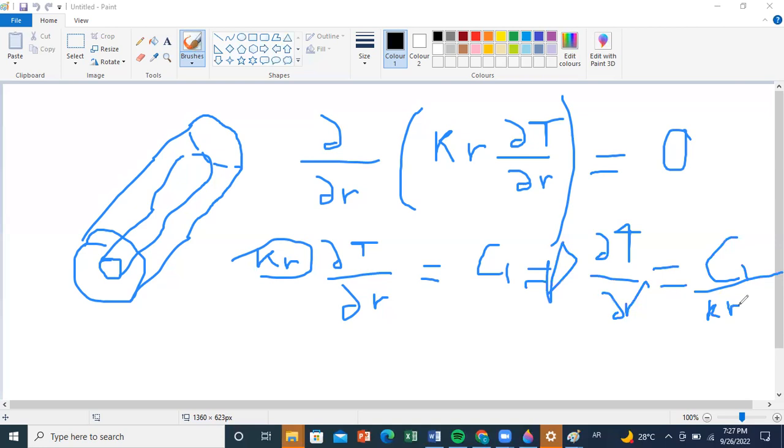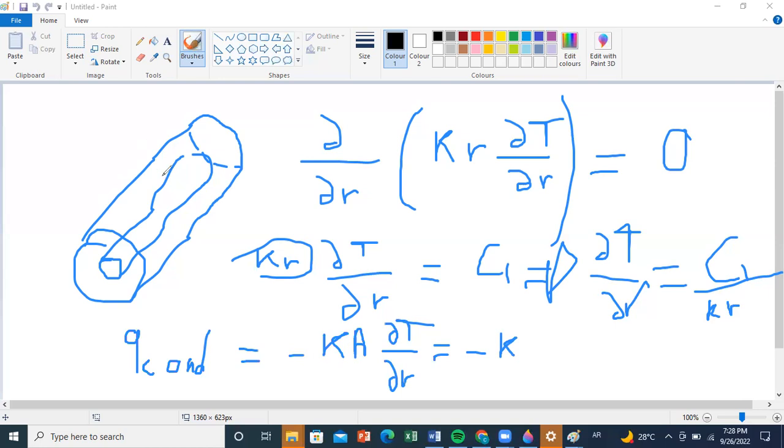And now, what will be my conductive rate? You know that the conductive rate Q conduction is equal to, in this case, if the variable is R, minus KA del T by del R. And we replace del T by del R by its value. So we have minus K. Concerning the area of conduction, what is the area through which you have conduction here?